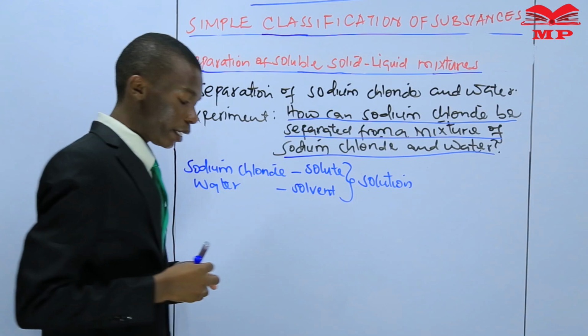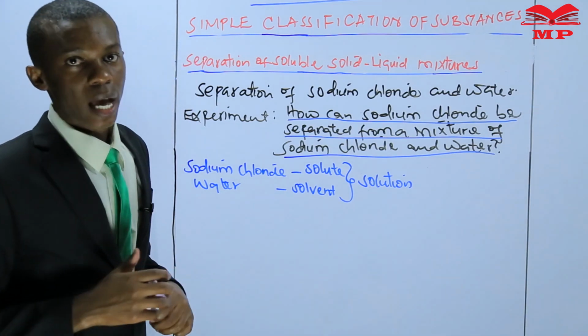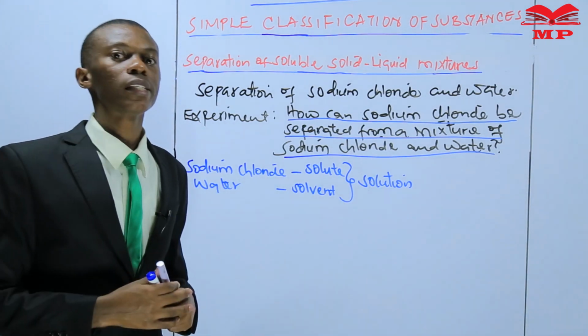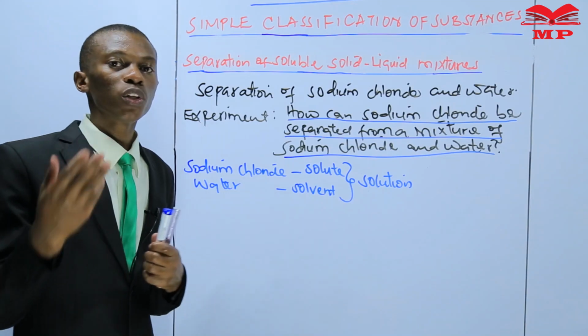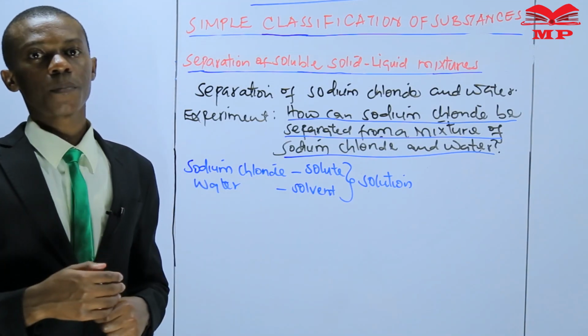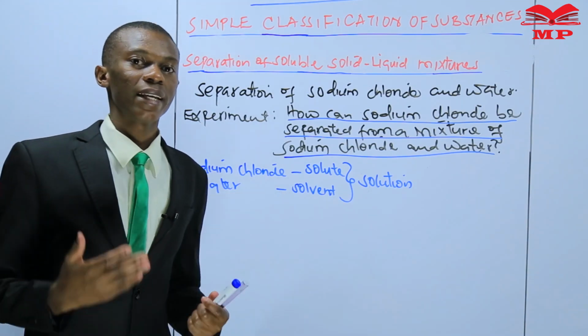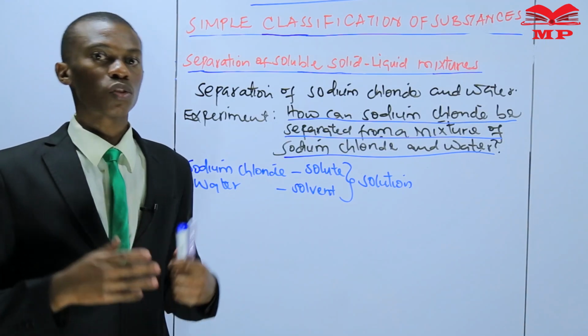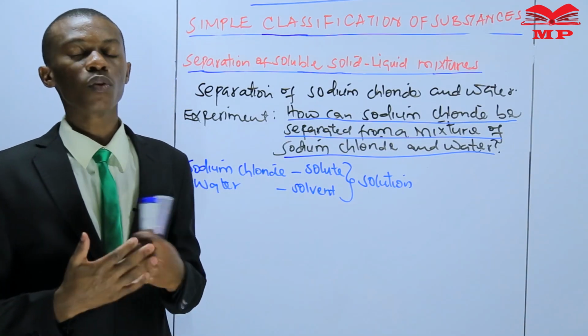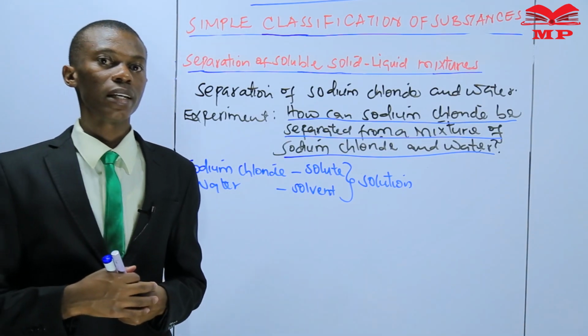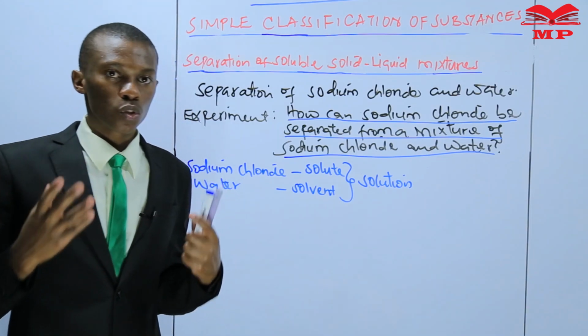And this solution, we said, is homogeneous. Homogeneous means that the solute and the solvent particles are uniformly distributed in the solution.